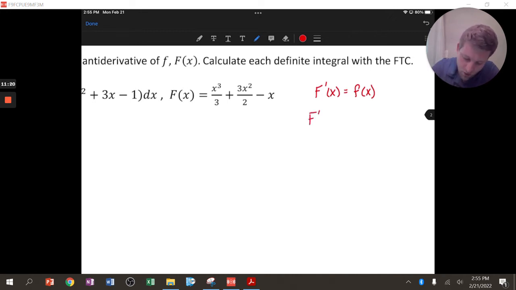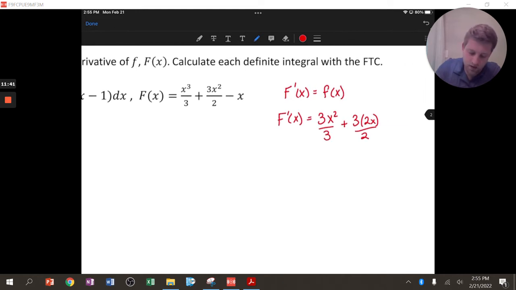We could say that capital F prime of x, if we took its derivative, we'd have 3x squared over 3, plus 3 times 2x divided by 2, and then finally minus 1.